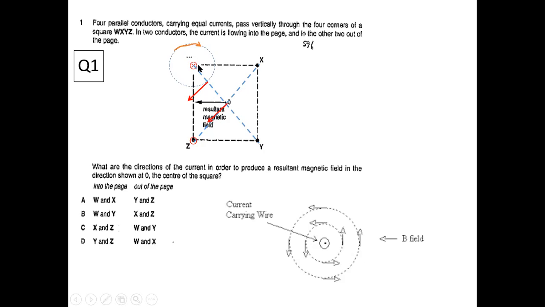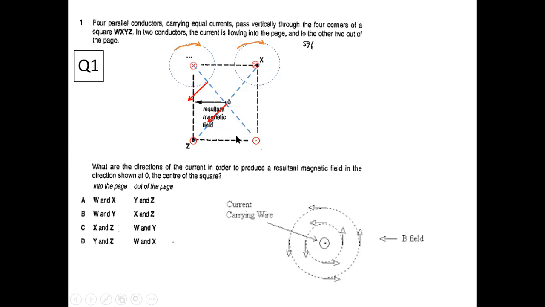Okay, remember they are all equal distance away. So the field strength will be the same at this point. Then you take this one going in also, the same, going in, use your finger there. So it's curling clockwise.